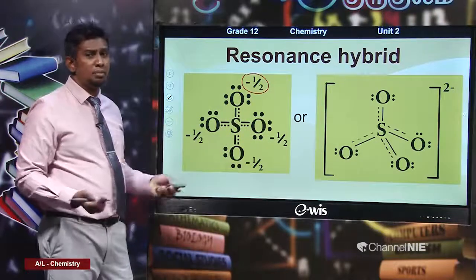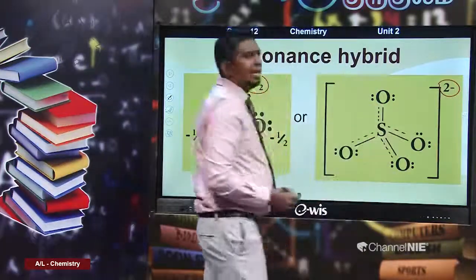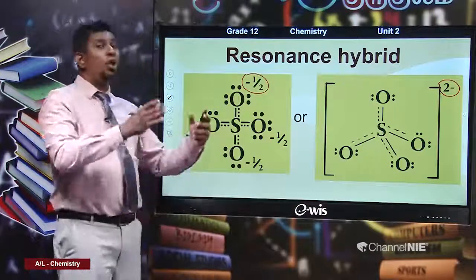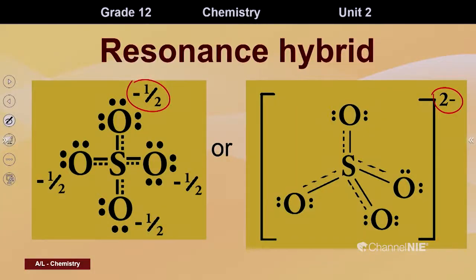It's -2. So you give the -2 charge at the end, right? As it's the overall charge, not marking charges there. As I have told you, it's better if you show the shape as well, but it's not a must. This is sulfate, SO4 2-.